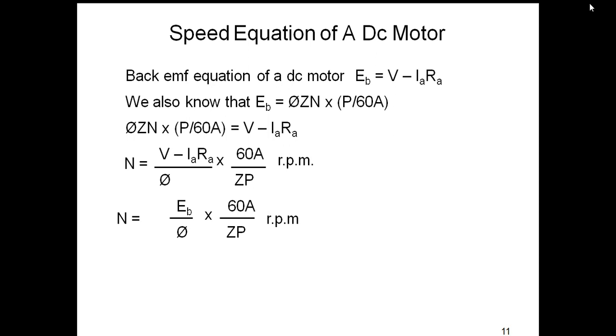We know that EB is equal to V minus IA RA.